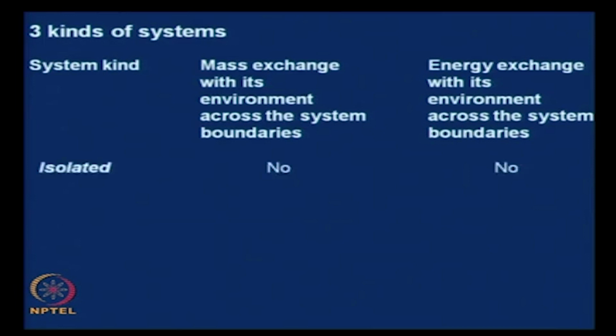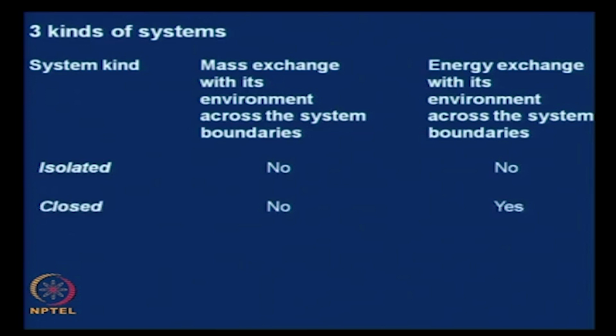The first kind is called an isolated system, where there is no mass exchange between the system and its surroundings across the system boundaries, and also no energy exchange between the system and its surroundings across the system boundaries.